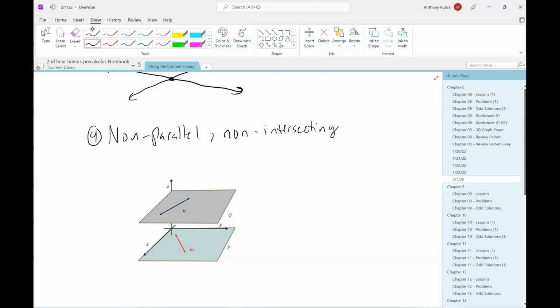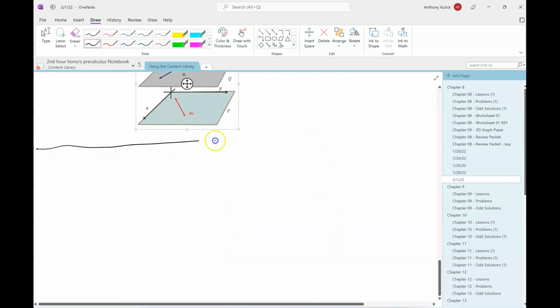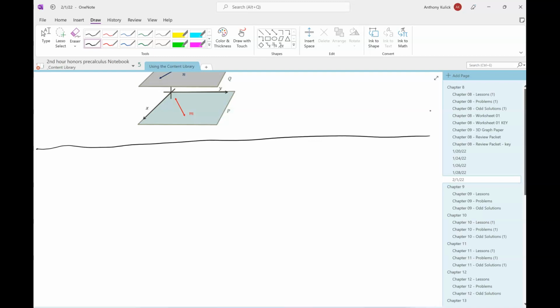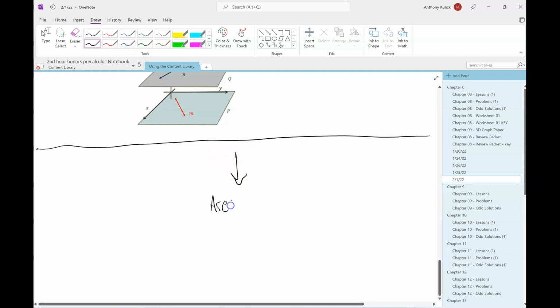So what we're going to do with these 4 outcomes is start by building out a flow chart for us to sort out which situation we're in. So the first thing we'd want to check is, are the lines parallel?